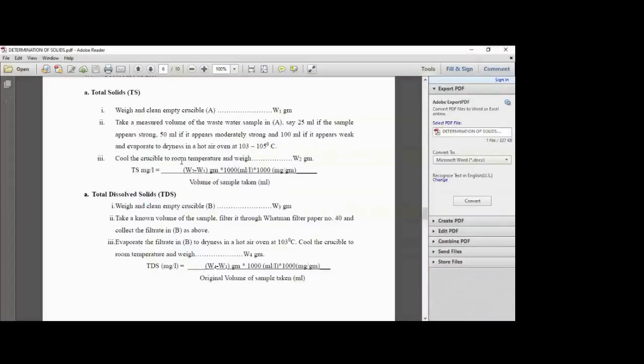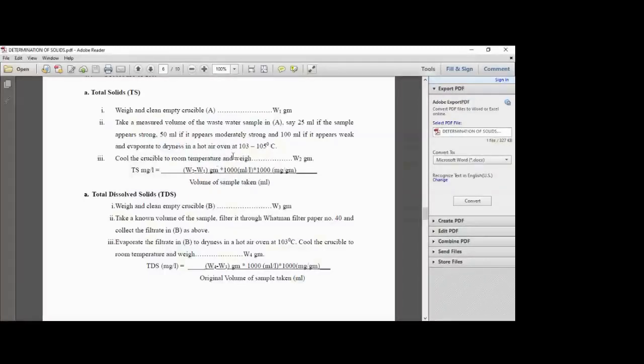If you have a proper look at the crucible, what you'll see is some solids in that crucible after you have removed it from the hot air oven.